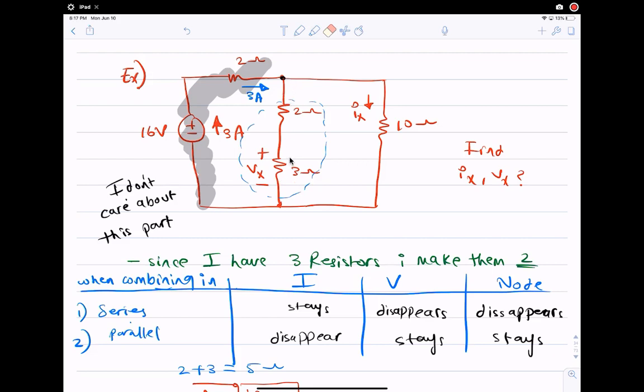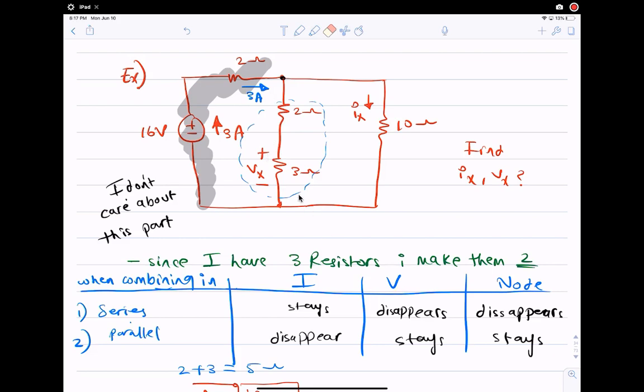But you have to remember one thing. We said when combining resistors in series, if there is a current that is mentioned here, it would stay the same. So if I say this is I1 and then I erase those two resistors and put one resistor, I1 still goes through this total resistor.